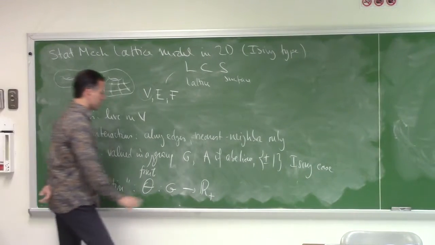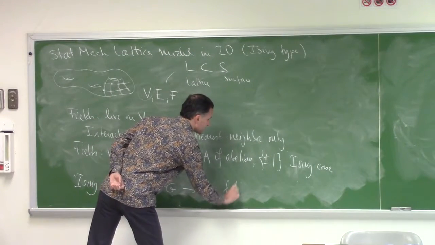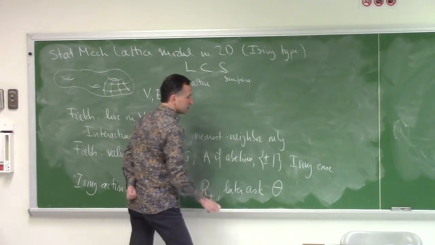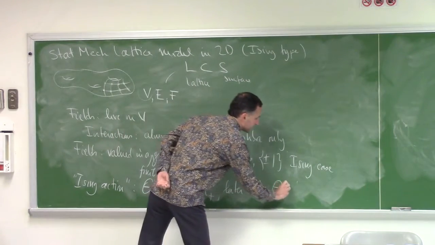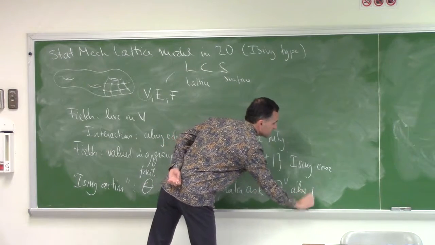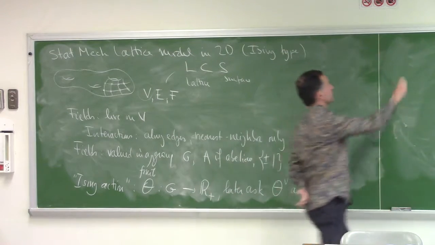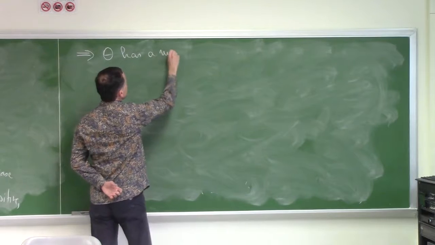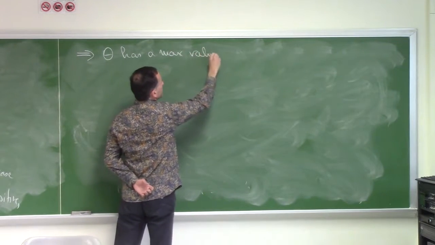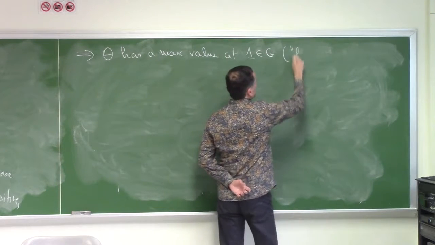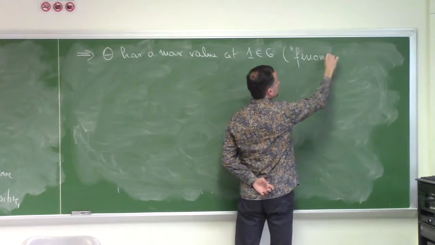Think of it as an exponential of something. And later we'll require that the Fourier transform, because the duality will be a Fourier transform, theta check, is also positive. If you want to have fun, you can check that this implies that theta has a maximal value at the identity point. So that's why this is called a ferromagnetic type interaction.